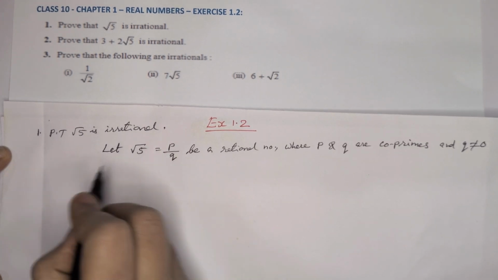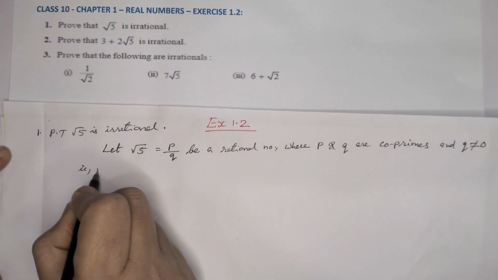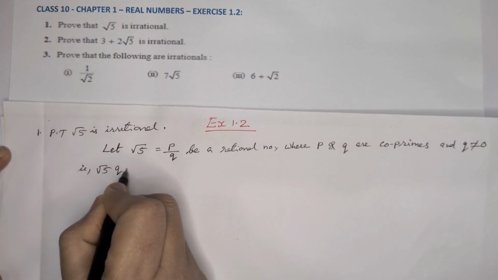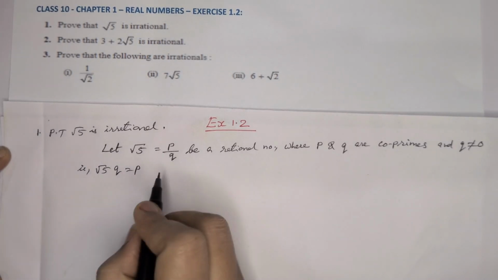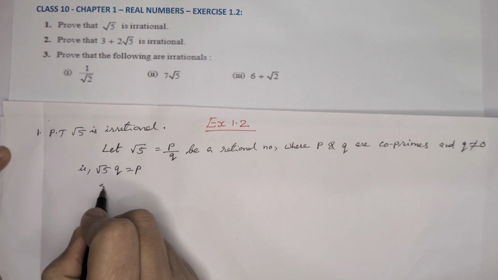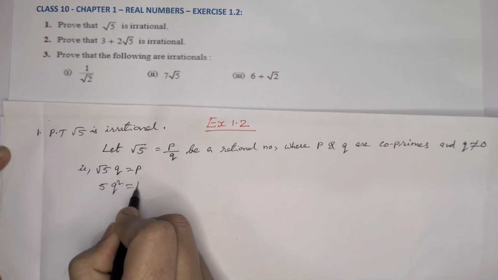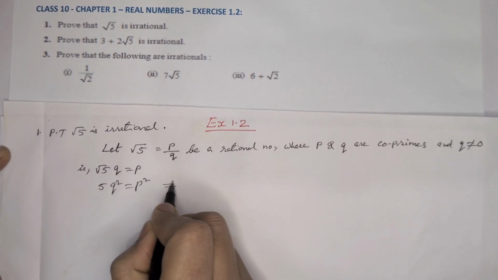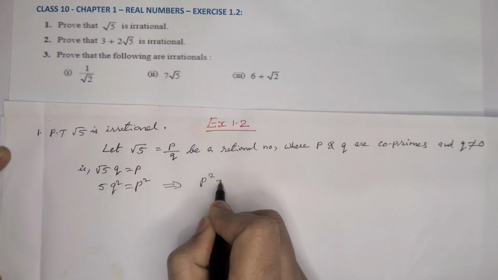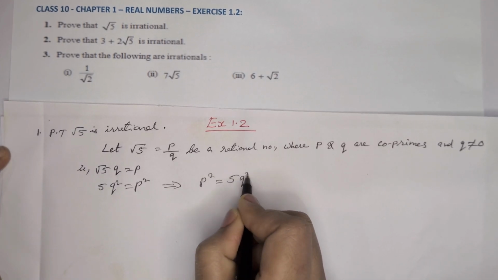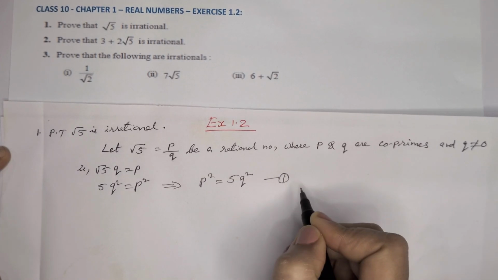Then when we are cross multiplying, we will get root 5 Q is equal to P. Square it. So 5Q square is equal to P square, which implies we can write P square is equal to 5 into Q square. That is equation number 1.